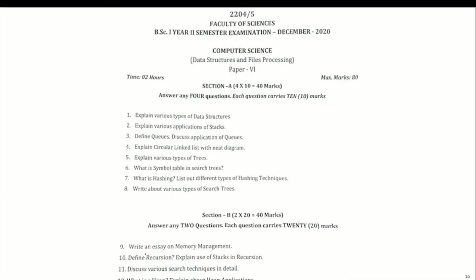Now we have no file organization technique in our syllabus. But this is the old paper, and this is the new paper, that is the data structures and file processing last year. Here it is asked various types of data structures and various applications of stacks.